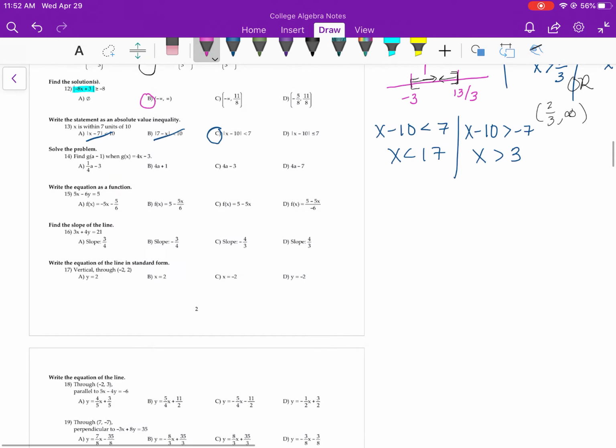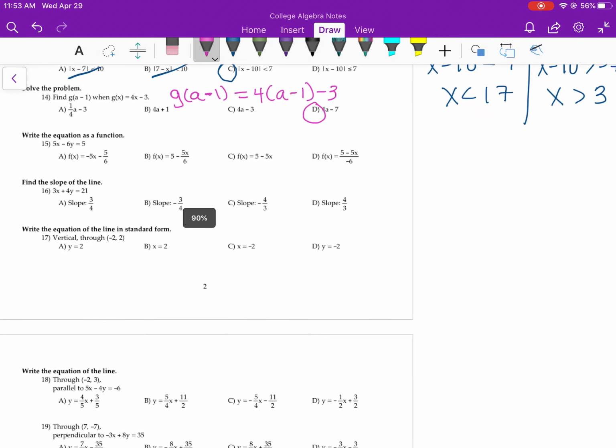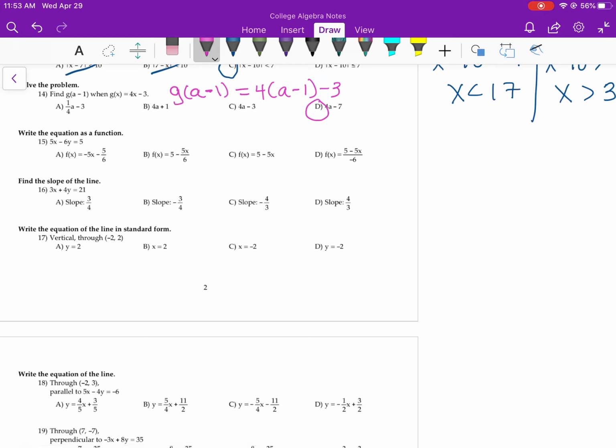And I don't think you're going to have any problem with this, but g of a minus 1 simply means that where I have x, a minus 1 goes in its place. And you're just going to simplify that down. The answer should be D. For 15, I want to write it as a function, so I'm going to solve that for y.